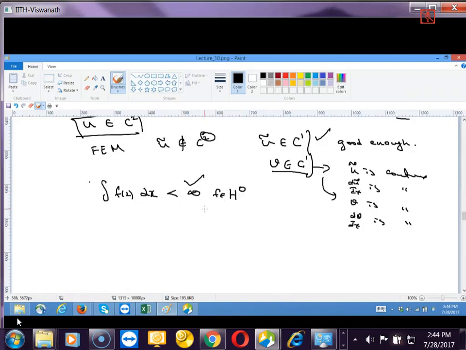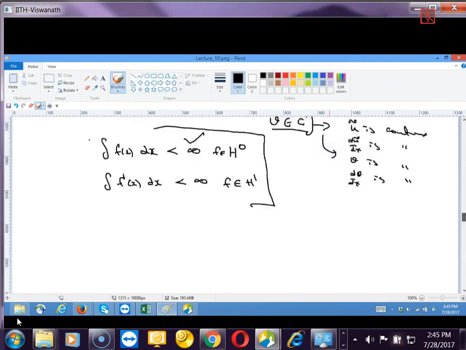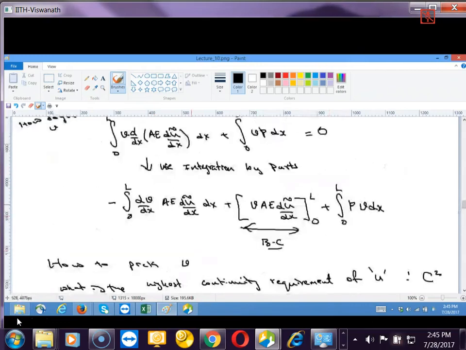But if f dash x dx should also be integrable, then f will belong to H1. So by this Hilbert space definition, we can say that in this expression both du/dx and dv/dx are there, and this integral has to be still finite.